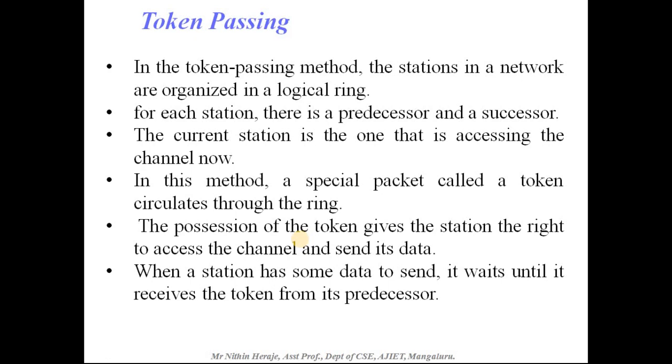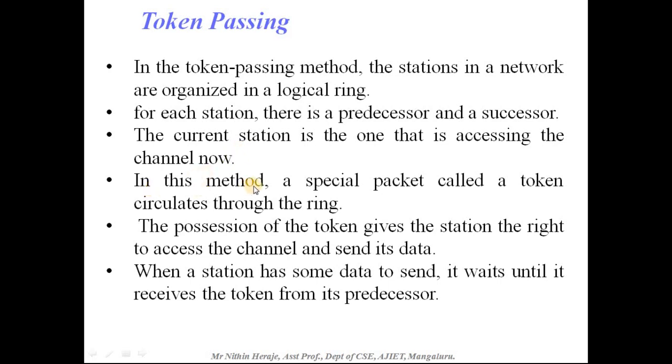Let's look at what token passing is. In the token passing method, the stations in a network are organized in a logical ring. For each station, there is a predecessor and a successor. The current station is the one that is accessing the channel at that moment.